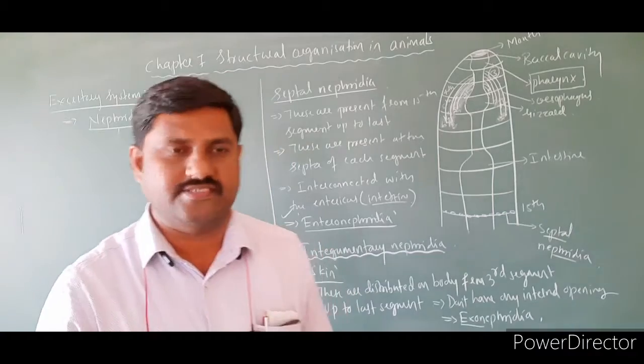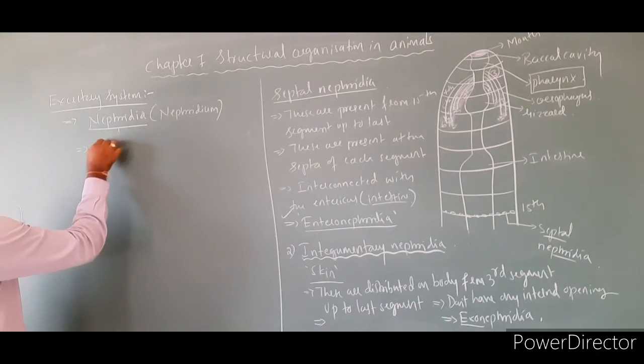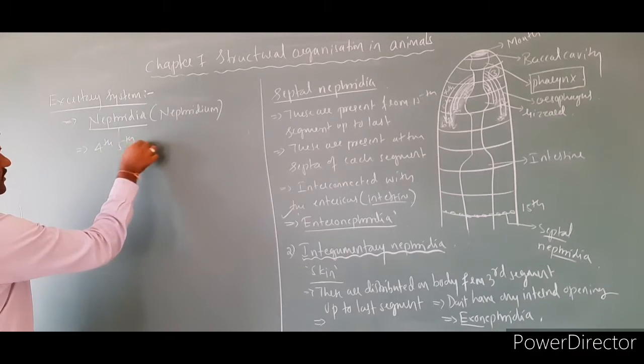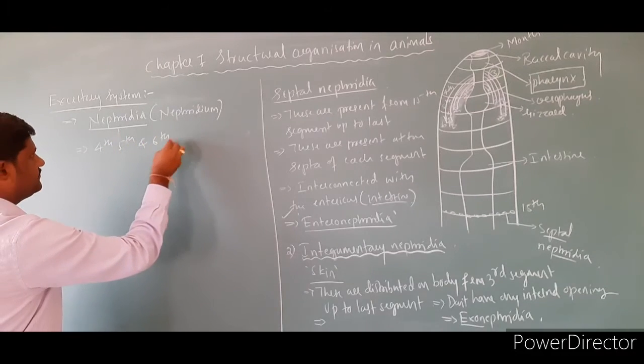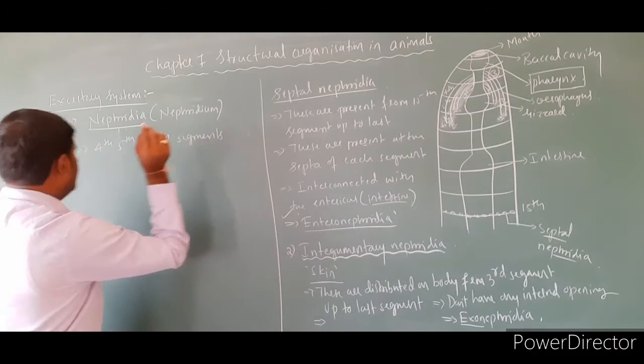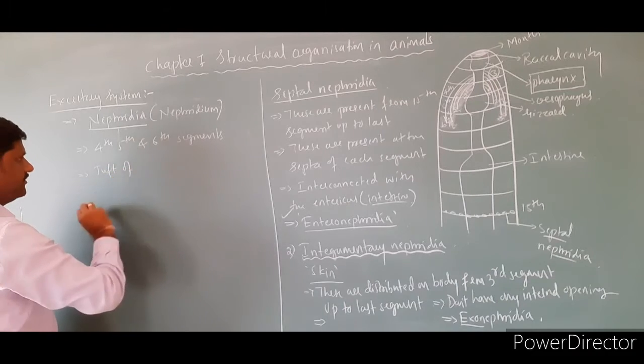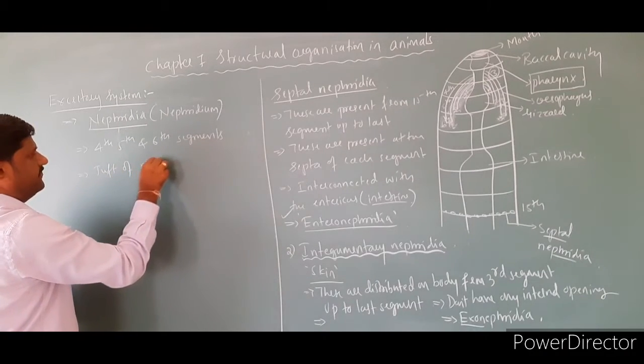These are present in the 4th, 5th and 6th segments, and these are known as ducts of nephridia.